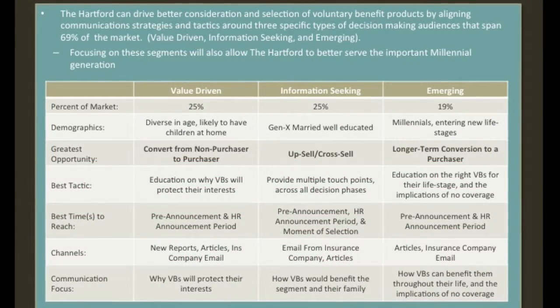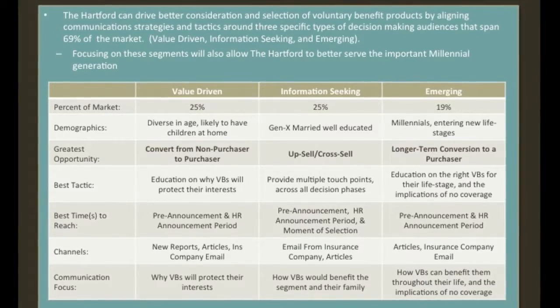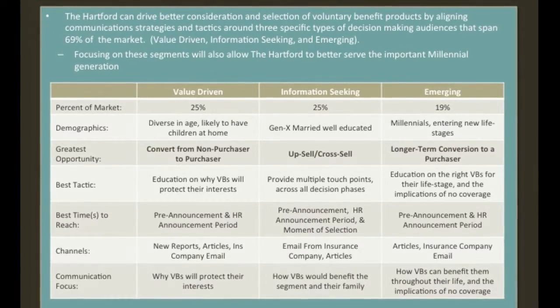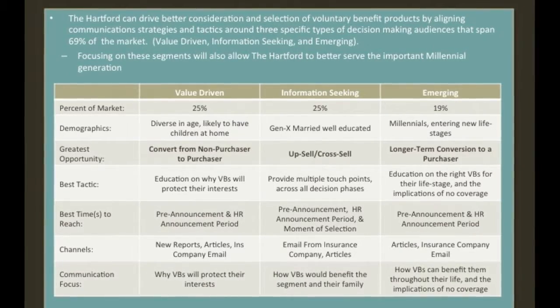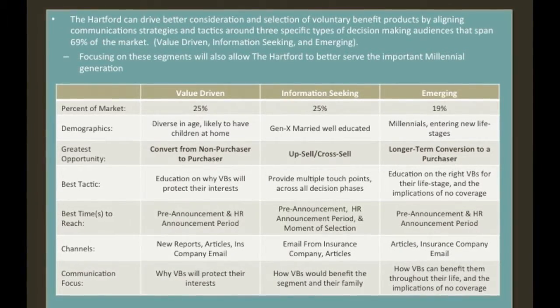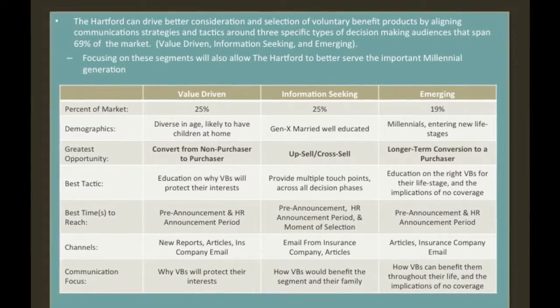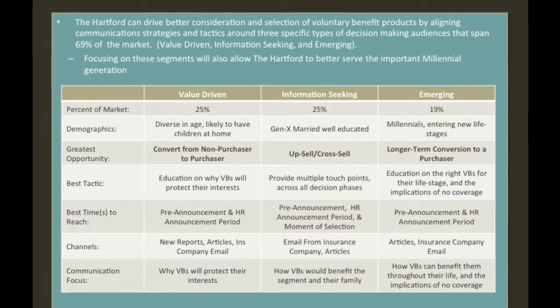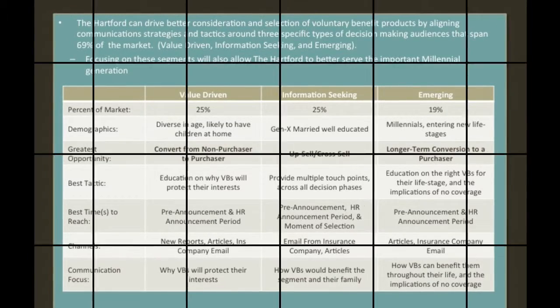The Hartford can certainly drive better consideration and selection of the voluntary benefits by aligning the communication strategies and tactics around 3 specific types of the decision-making audiences that span 69% of the market: the value-driven, information-seeking, and emerging. Focusing on these 3 segments will allow the Hartford to better serve the important millennial generation.